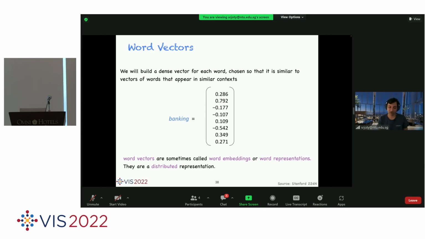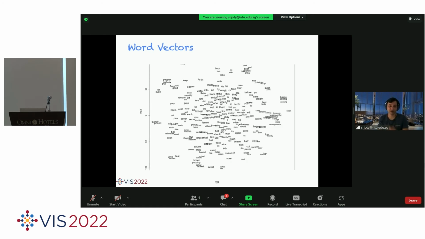That's why it is also called a distributed representation. We can also plot this, since we have a vector meaning representation, and we'll see that similar words are situated together in the vector space, in the Euclidean space, in two dimensions if we do dimension reduction.